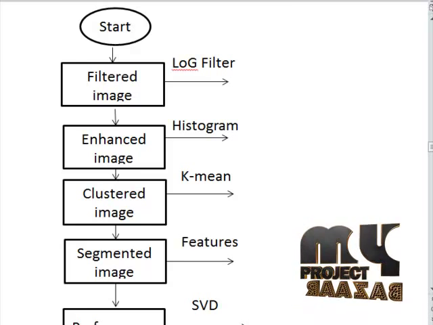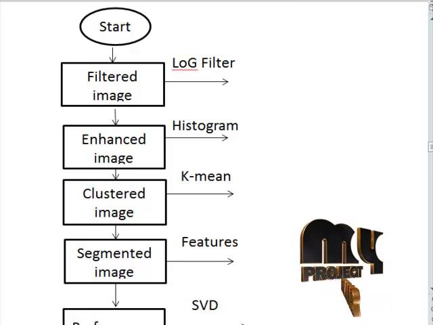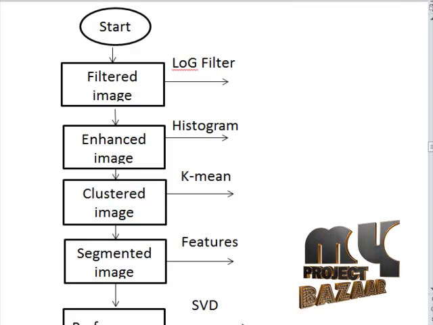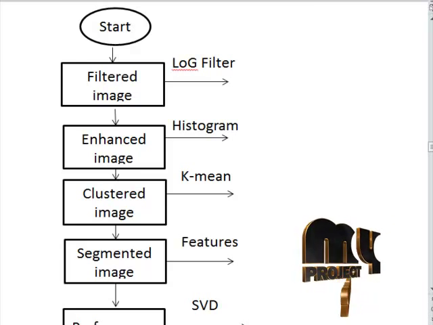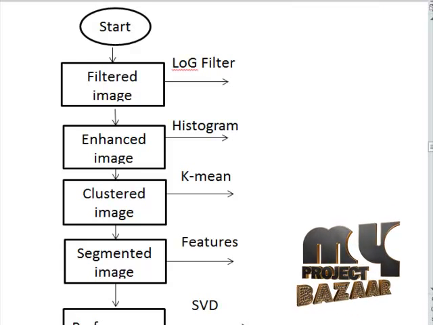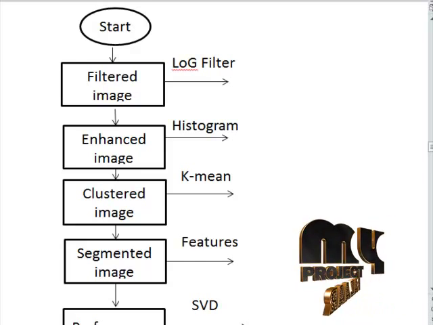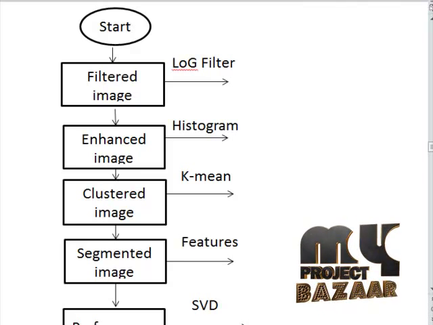Simply speaking, k-mean clustering is used to classify or to group the objects based on attributes or features into k number of groups. K is a positive integer number.